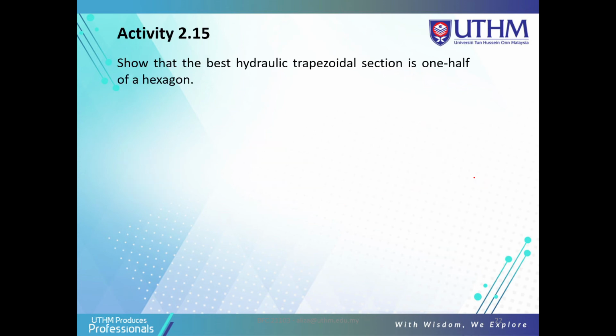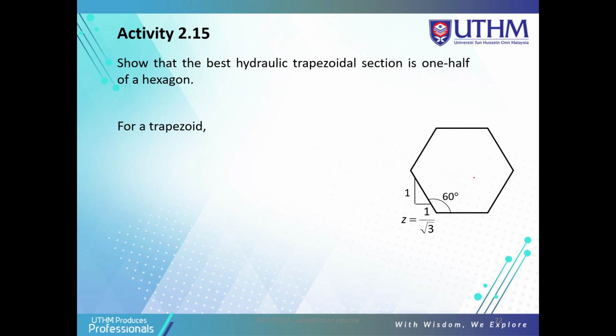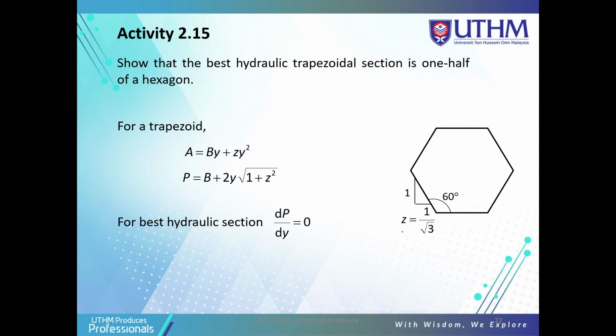Okay, show that the best hydraulic trapezoidal section is half of a hexagon. For a trapezoidal, we use the normal formula for the trapezoidal. For the best hydraulic section, you must know that dP over dy is 0.